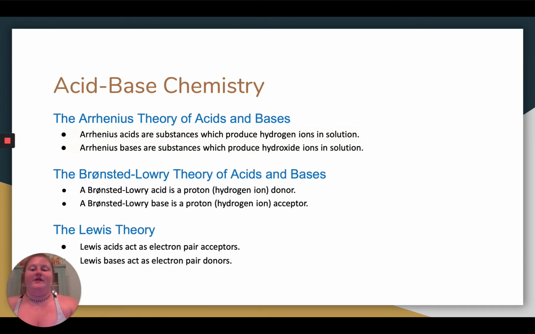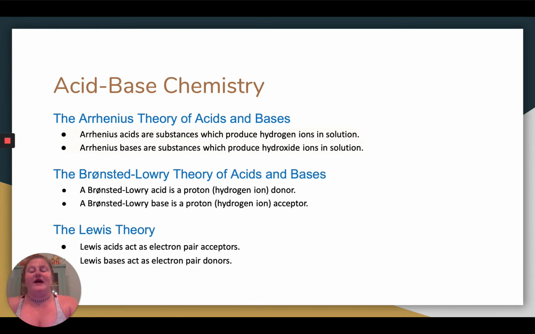So in acid-base chemistry, there are three types of theories. The first theory is the Arrhenius theory of acids and bases. In this theory, acids are substances which produce hydrogen ions in solution, and bases are substances which produce hydroxide ions in solution.